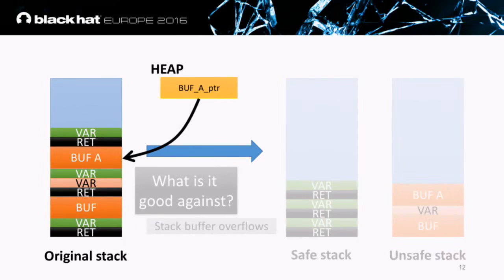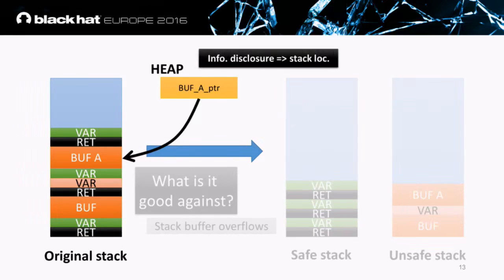But it is also good against some other problem. Let's say we have a variable in the heap that has a pointer to the buffer A on the stack. If the attacker has some information disclosure capability, it will be able to leak the location of the stack and continue its exploitation.